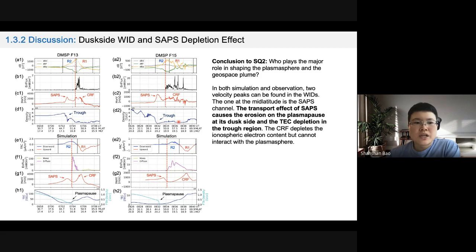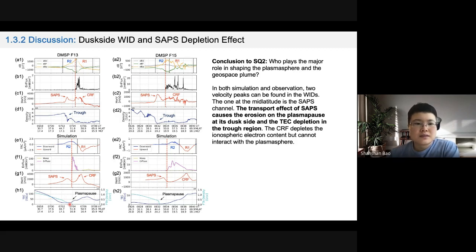So if we check similar results from the simulation, you can see we get the region field line current location right, and we also produce this SAPS and convection return flow velocity peak. And here we are plotting TEC in navy and the plasmaspheric field line averaged density profile.